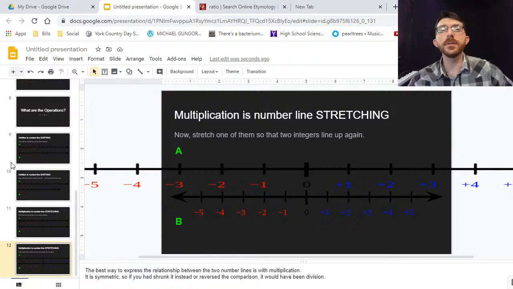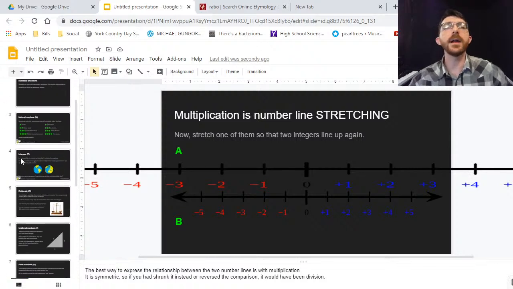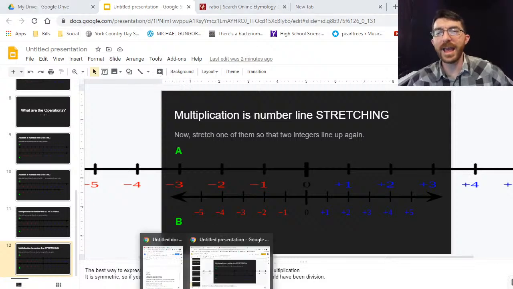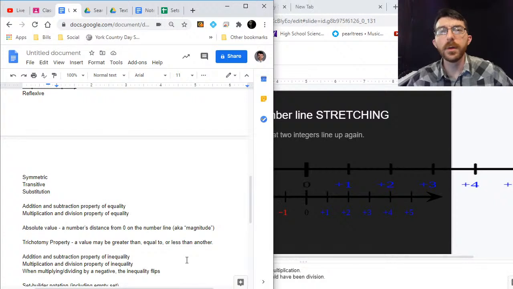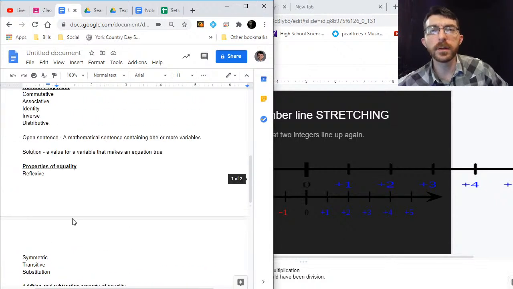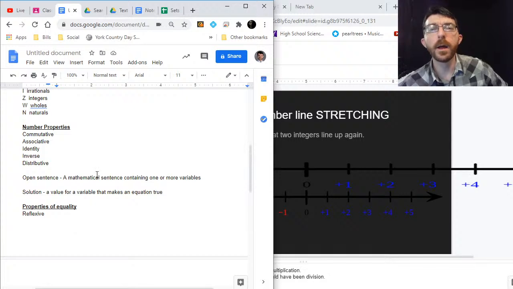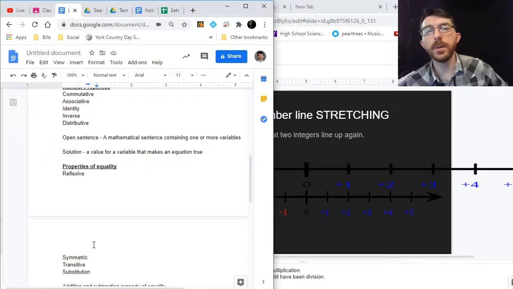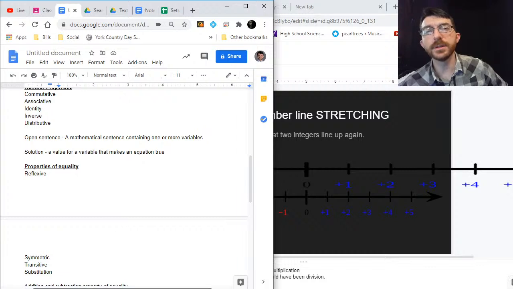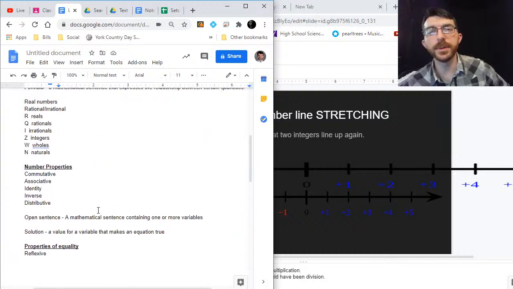So I do have this on Pear Deck. I had some interactive slides, and now the interactions are all gone, or at least I haven't had any in a little while. So let me see what I have here. Number properties. Commutative. Got it. Associative. Identity, inverse, distributive.